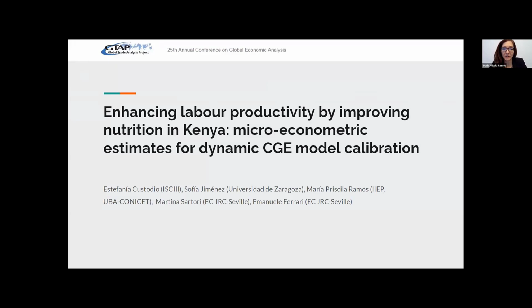And I am not alone in this project. I am also with Stefania Custodio from the Health Institute Carlos III from Madrid, Sofia Jimenez from the University of Zaragoza, and also Martina Sartori here, and Emanuele Ferrari from the European Commission's JRC in Seville.